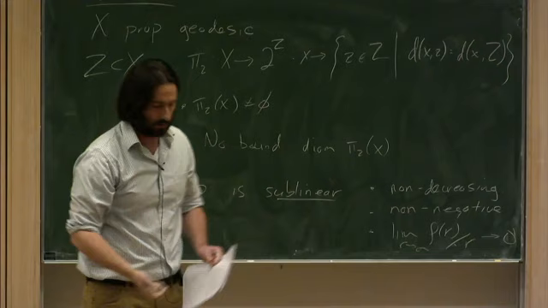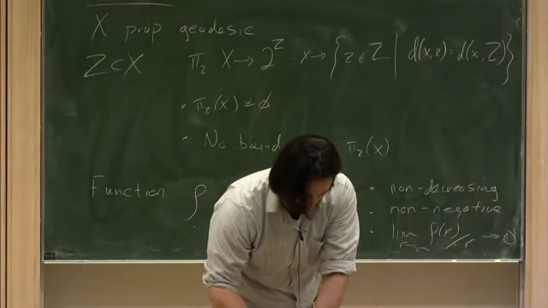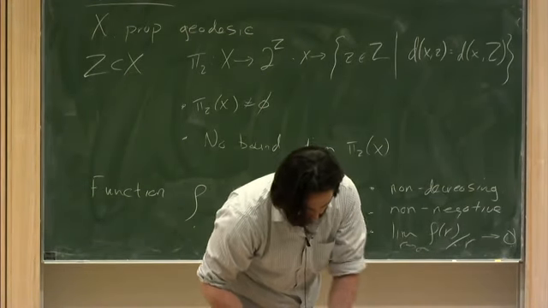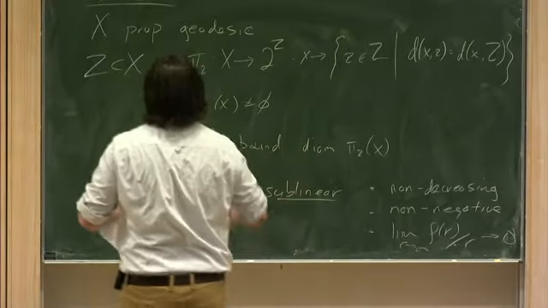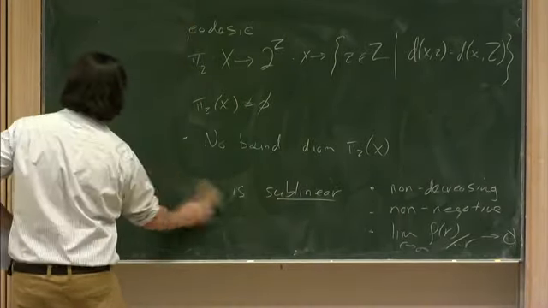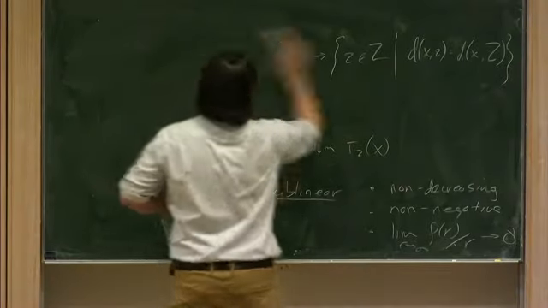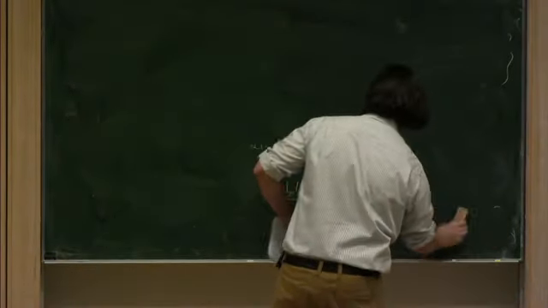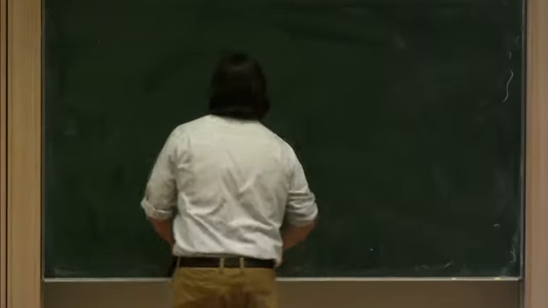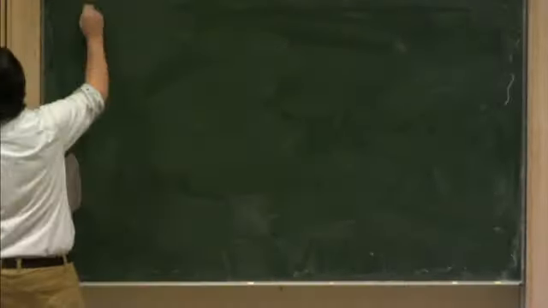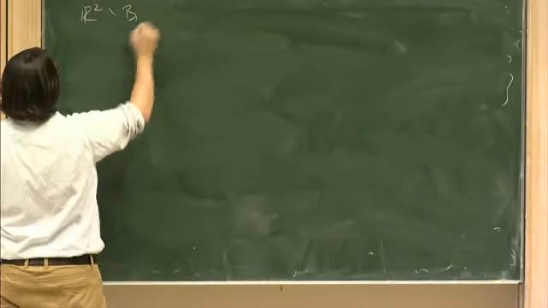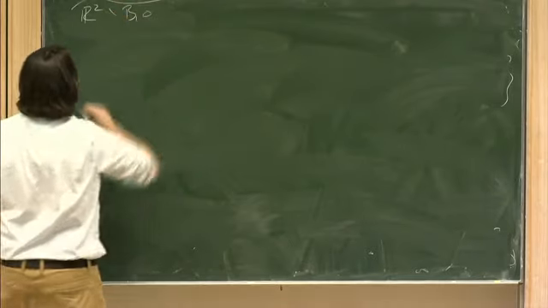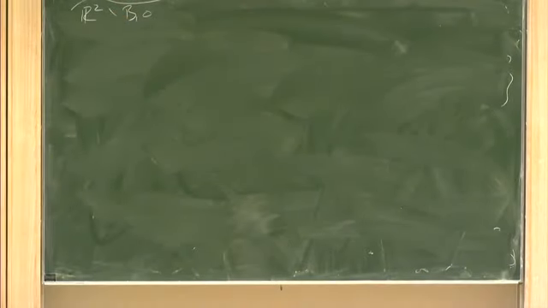And this is not just a glitch in the proof. This is really a problem. So here's the example. Consider the Euclidean plane minus the ball of radius 1 about the origin, and then take the universal cover.